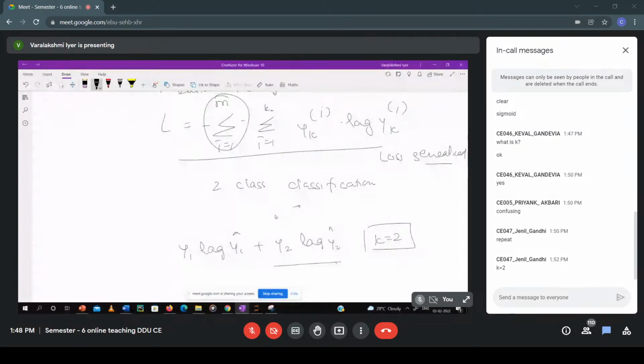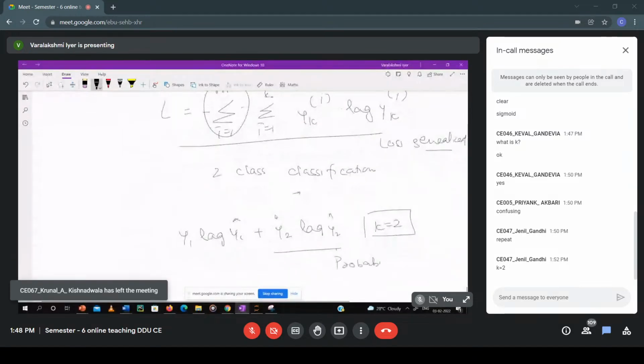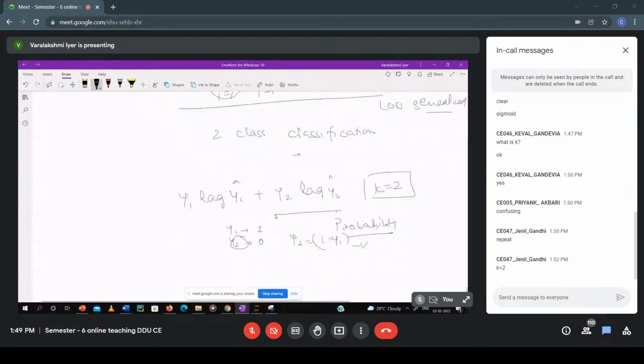Okay, but you can also say that y1 and y2 are probabilities. What is y1? Y1 will be 1 and y2 will be 0. So you can also say that y2 is equal to 1 minus y1. Yes or no? Can you write it like this?